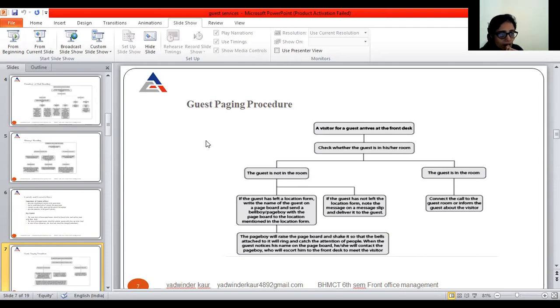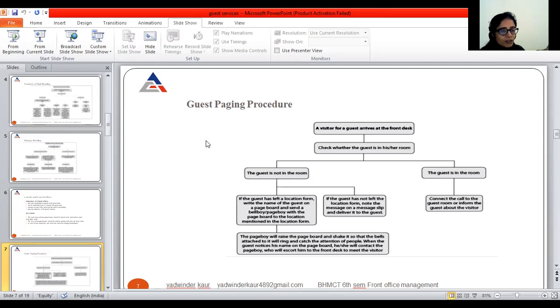If the guest has left a location form, write the name of the guest on a page board and send the page boy with the page board to the location mentioned in the location form. As we already know, when the guest is staying in the hotel and going to, suppose, a bar, restaurant, or lounge, they will fill this form to inform us where they are.